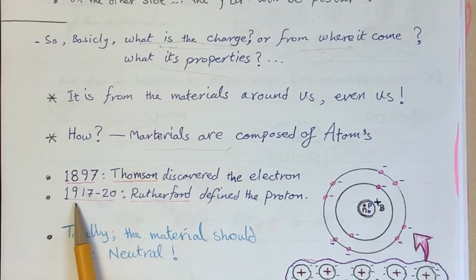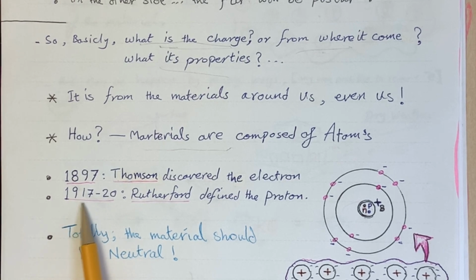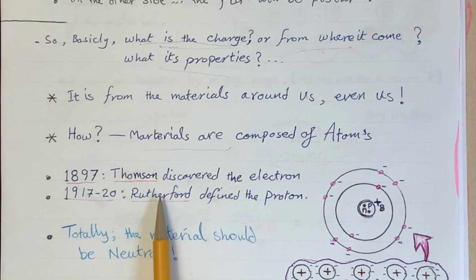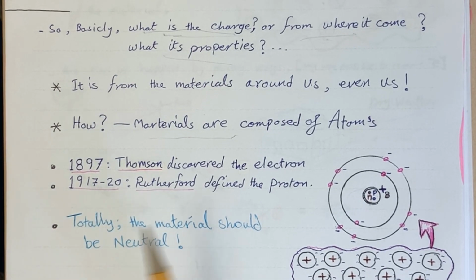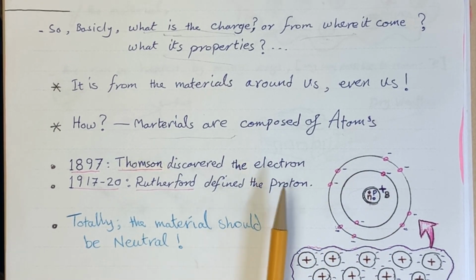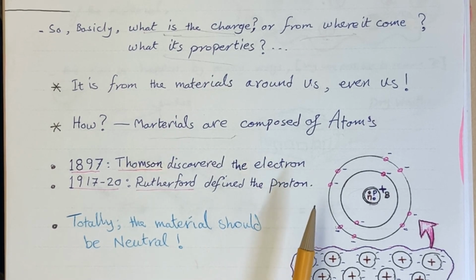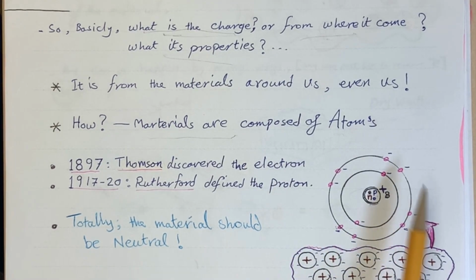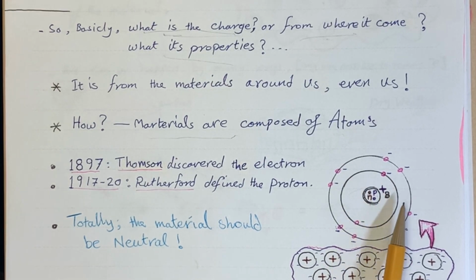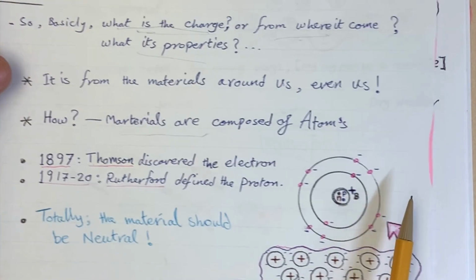It was found in the late 1880s, but the one who defined that this particle is a proton is Rutherford. But in total, the material in general should be neutral, and there is no net charge for any material. For example, this atom is not an ion, so it is neutral and it has no charge.